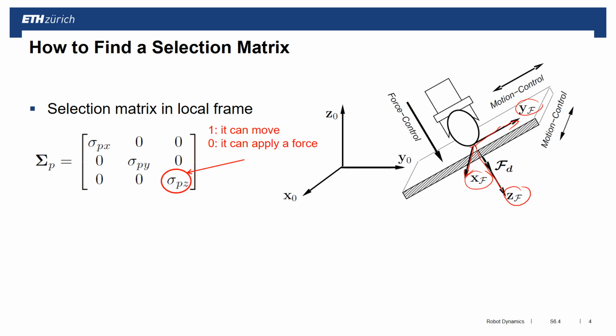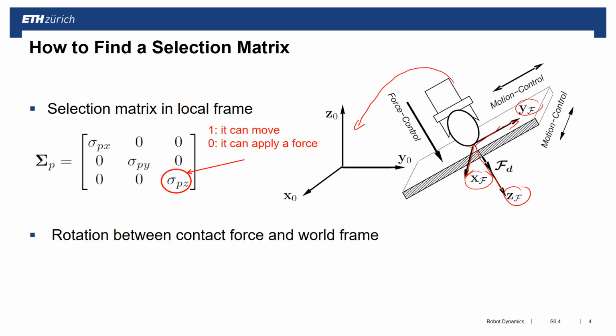However, if you have to transform this now to a world fixed frame, you have to rotate between this contact and world frame, and for this you pre-multiply with the rotation matrix transposed and post-multiply with the rotation matrix in order to get the selection matrix.